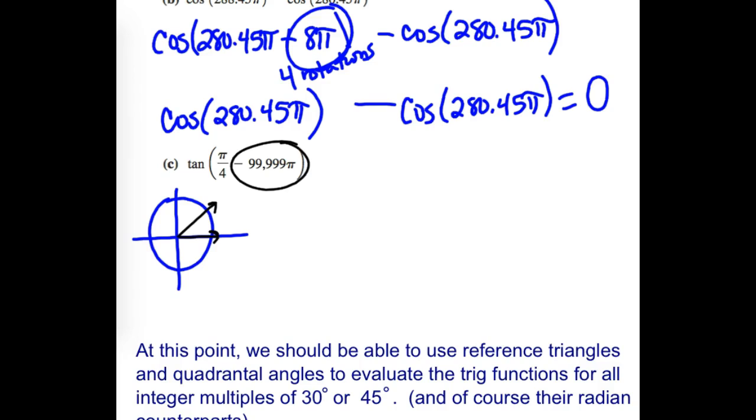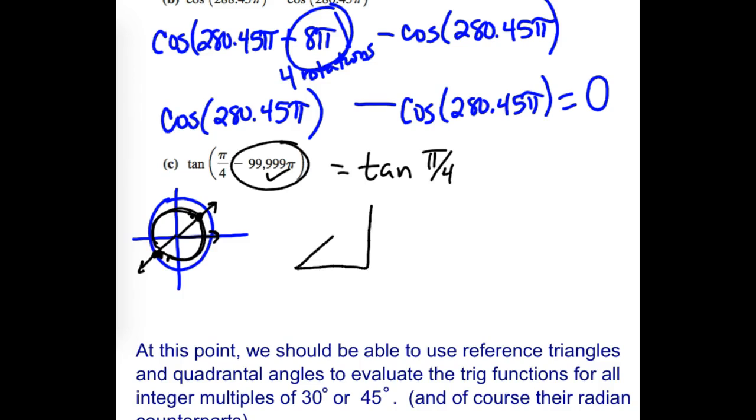Okay? So if I spin 1 pi, I'm down here. Spin another pi, I'm up here, right? And I'm just going to keep doing this. So it really doesn't matter if I land back here or I land down here, right? My tangent's going to be the same. So this doesn't matter. The whole thing is going to be equivalent to the tangent of pi over 4. So let's think about pi over 4.